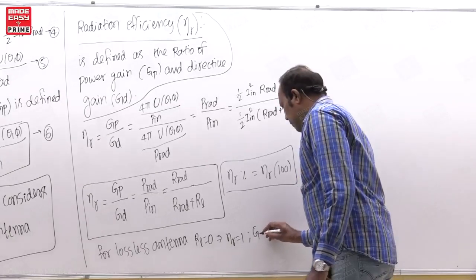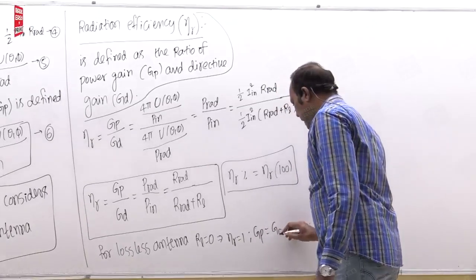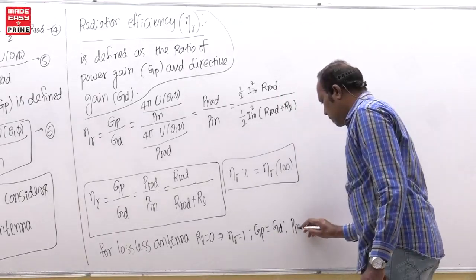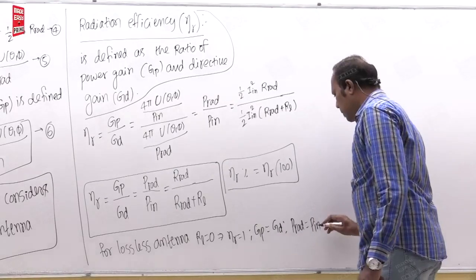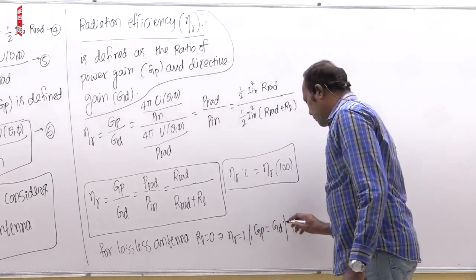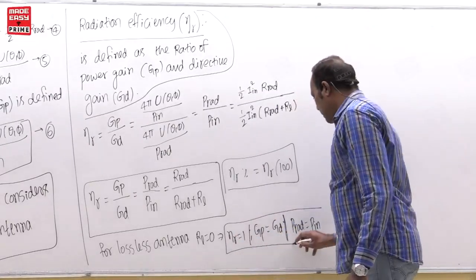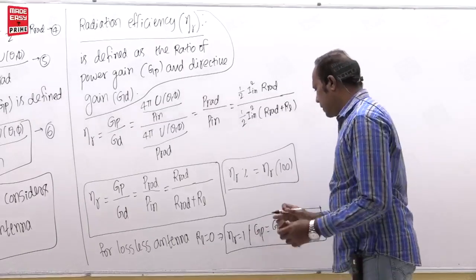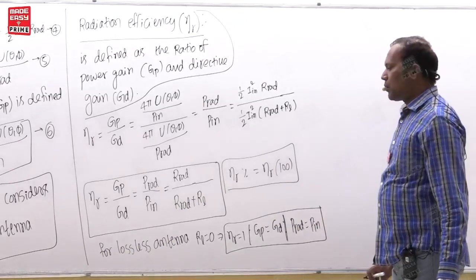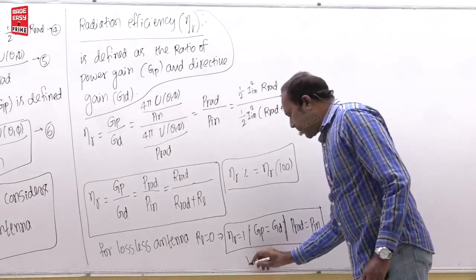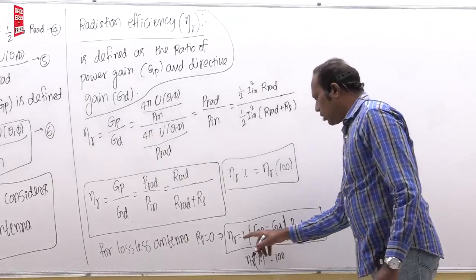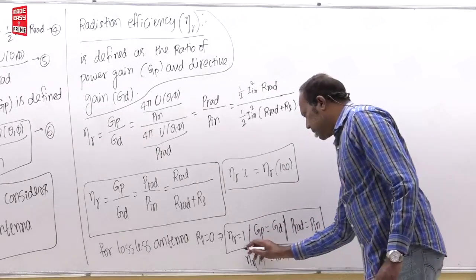That means directive gain is equal to power gain, and power radiated is equal to power input. That means it radiates the total input power without loss. These are the equations valid for the lossless antenna, right, students? They ask these equations also in objective questions. In percentage, you multiply 1 by 100 to give 100%, dear students.